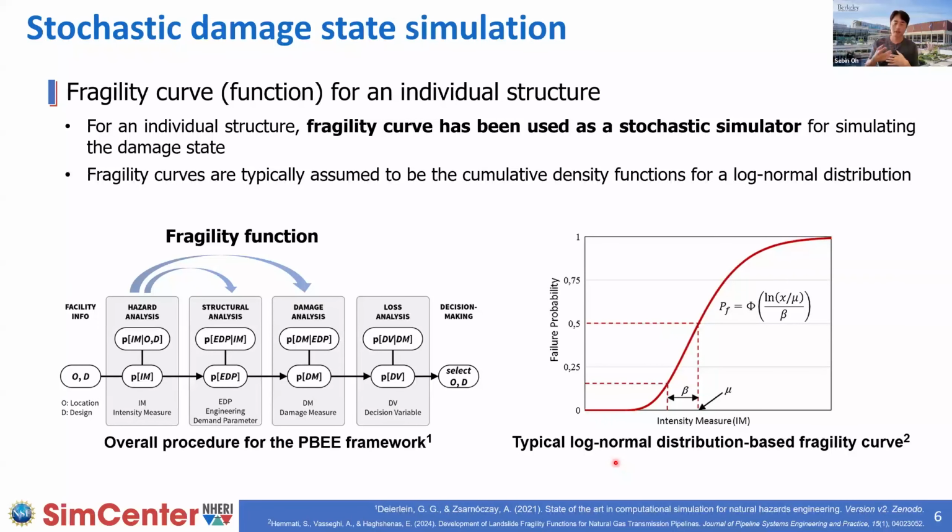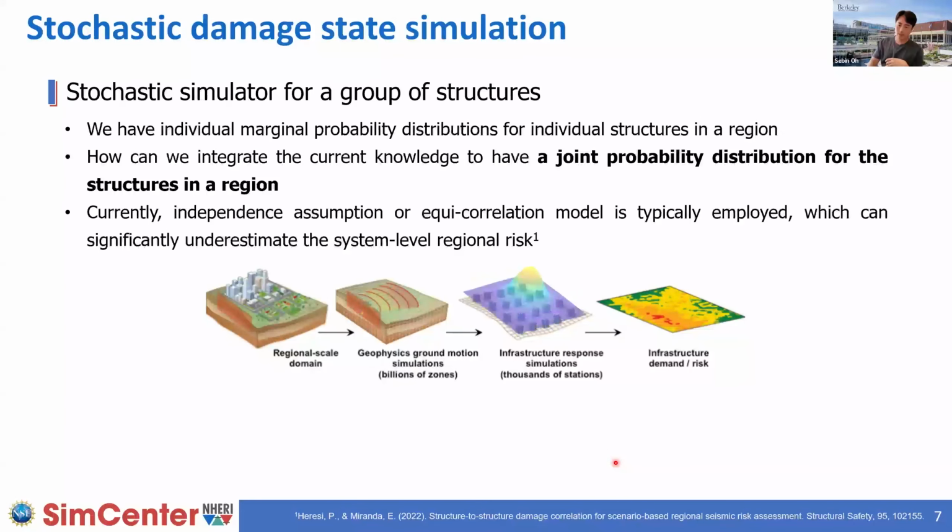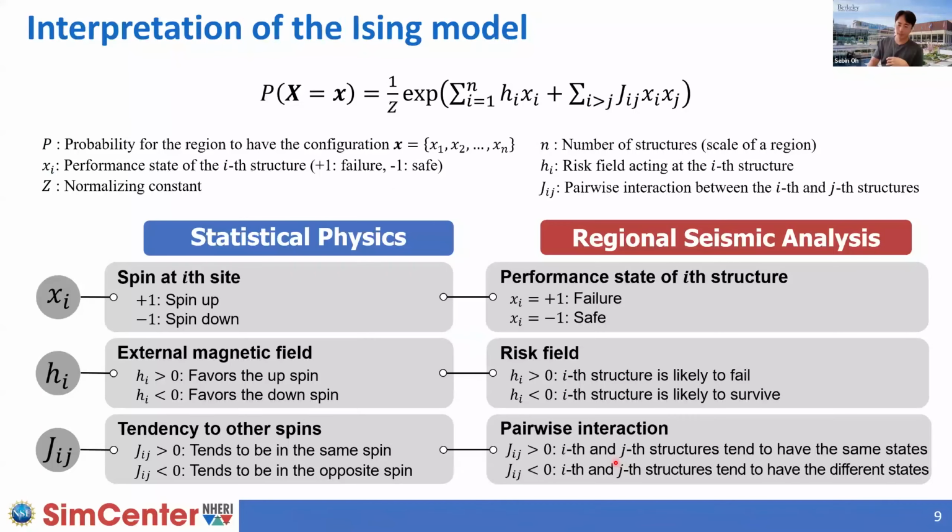And the second point is that it has clear physical meaning. If you use the joint normal distribution, the parameters are just the mean and covariance matrix.